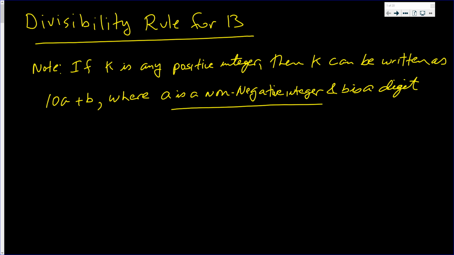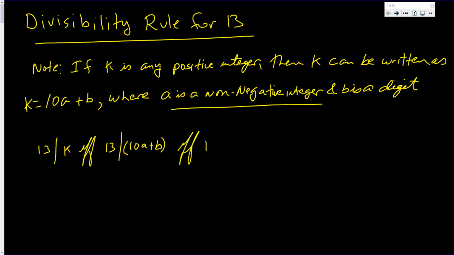Okay. So here's the proof. 13 divides k if and only if 13 divides k, which is 10a plus b. Nobody can argue that. If and only if 13 divides any other way of writing that. Well, I choose to write it as 10a plus b. Now, I'd really like to have a multiple of 13 here. So I'm going to add 3a.